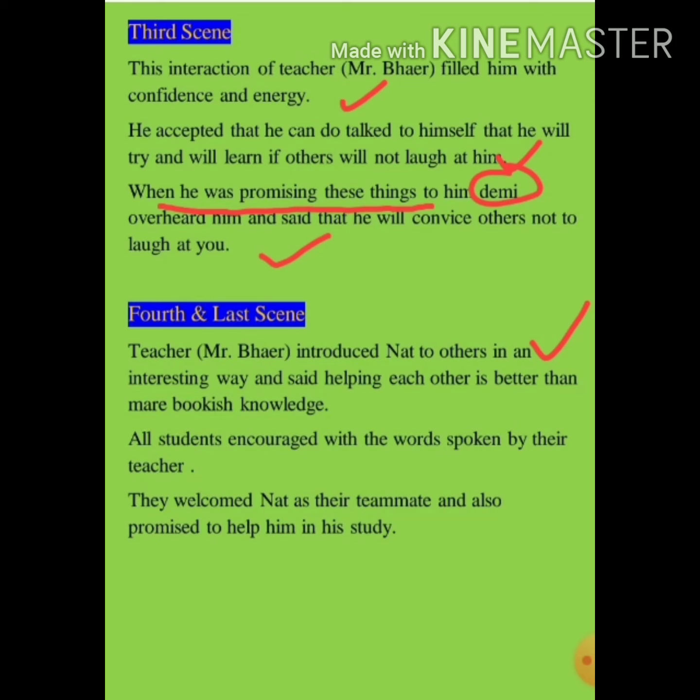In this meeting, he introduced Nat to the other students in a very interesting way, and he said that only bookish knowledge is not important. Apart from bookish knowledge, there must be some interaction, some helping nature, some sharing nature among us.